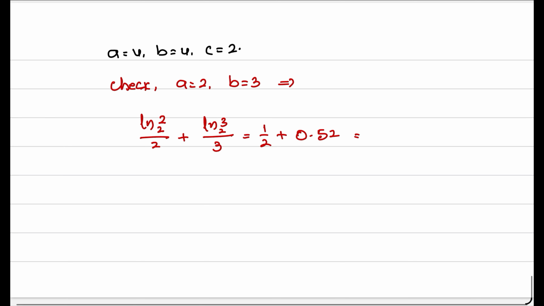That is 1.02, greater than 1 and is not equal to 1.